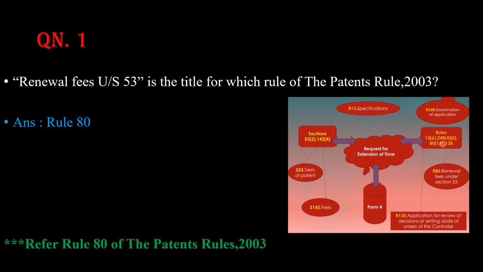Rule 24B is examination of application. Rule 80 is renewal fees under section 53, and Rule 130 is application for review of decisions or setting aside of orders of the controller. Okay, friends, when you set this slide in your mind, you can very well recall the relevant sections and rules that are linked with Form 4. Fine, so let us proceed to question number 2.